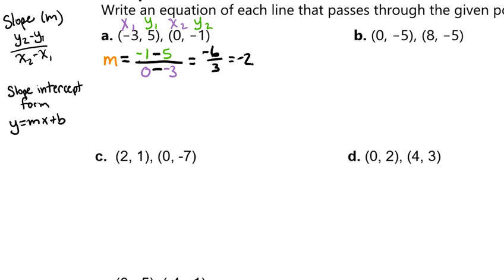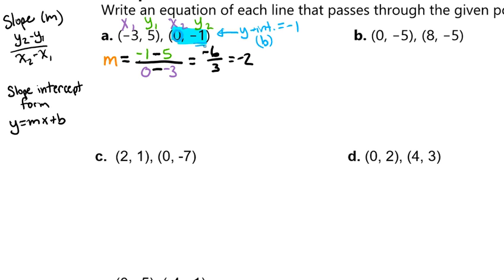Looking at what we were given, we see this 0, 1, and that tells us that our y-intercept is negative 1. So our b value is negative 1. Because of the 0 here, we can say that negative 1 is the y-intercept.